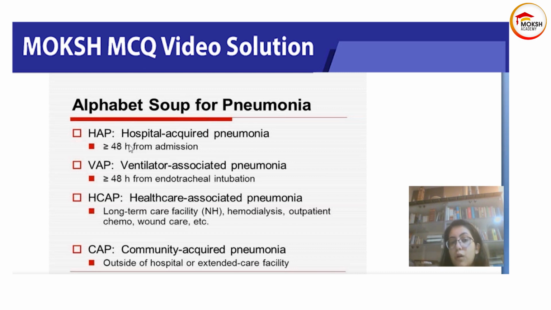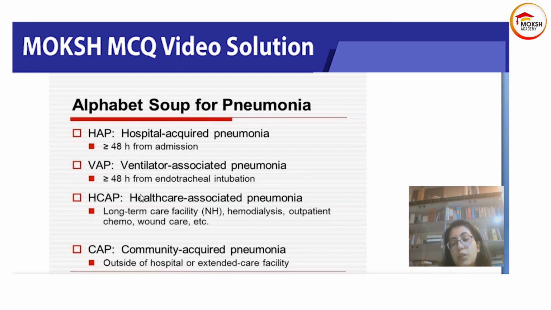He should be in hospital for 48 hours without pneumonia and after that develop pneumonia. In that case, we call it hospital acquired pneumonia. If there's a person who is on a ventilator and after 48 hours of endotracheal intubation he develops pneumonia, in that case it is called ventilator associated pneumonia.